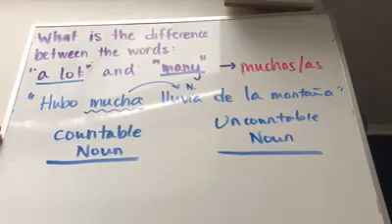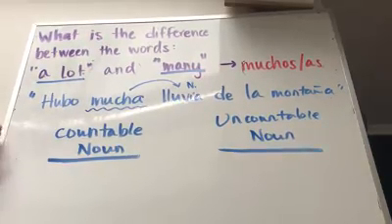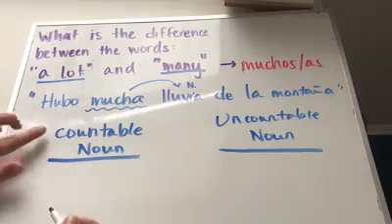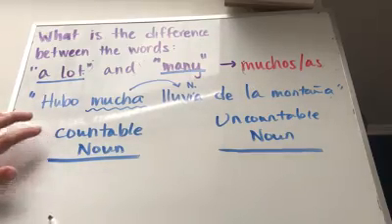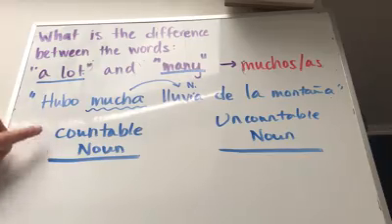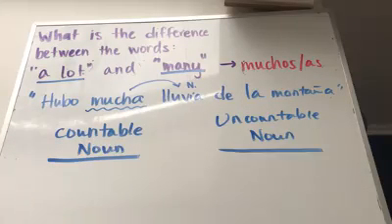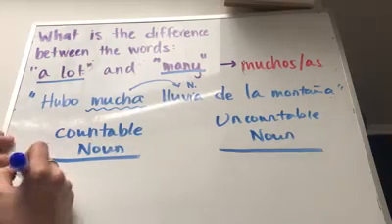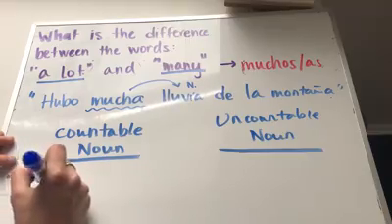Now, what does countable mean? Countable means that you're able to count it. The word count represents contar. Okay, so things that are countable se puede contar. For example, cookies, galletas.